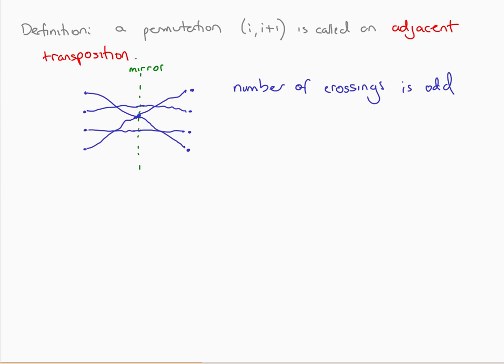Every crossing on the left is paired with a crossing on the right. But each crossing corresponds to an adjacent transposition in such a way that when you compose all the adjacent transpositions, you get the permutation whose diagram this is.